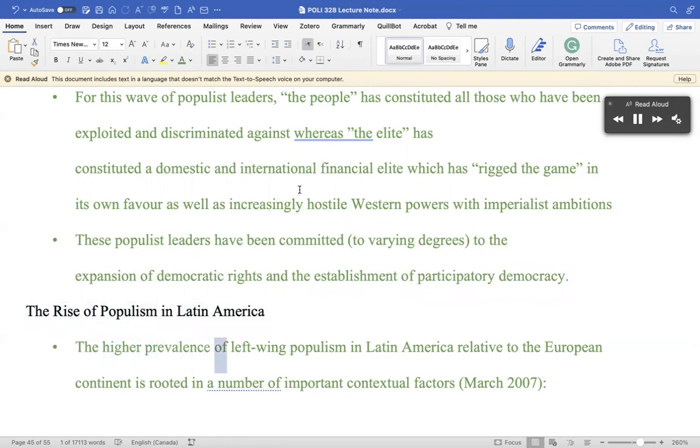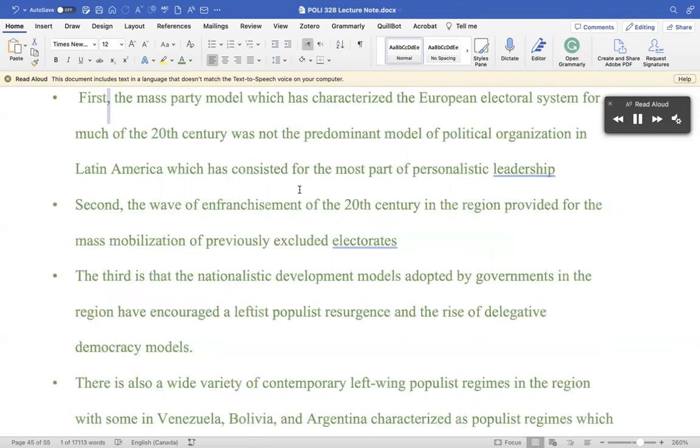The rise of populism in Latin America. The higher prevalence of left-wing populism in Latin America relative to the European continent is rooted in a number of important contextual factors. First, the mass party model, which has characterized the European electoral system for much of the 20th century, was not the predominant model of political organization in Latin America, which has consisted for the most part of personalistic leadership.